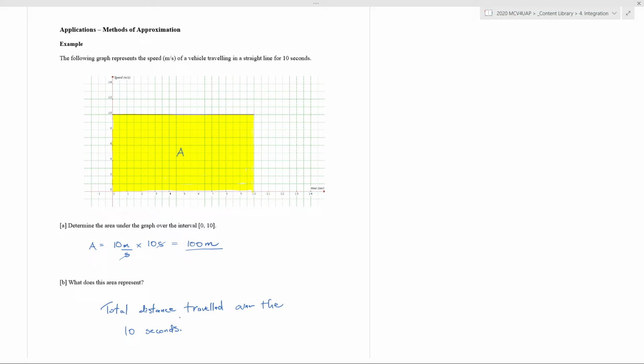One other important point I want to emphasize here, that this speed function, speed is a rate. It's a rate of change.